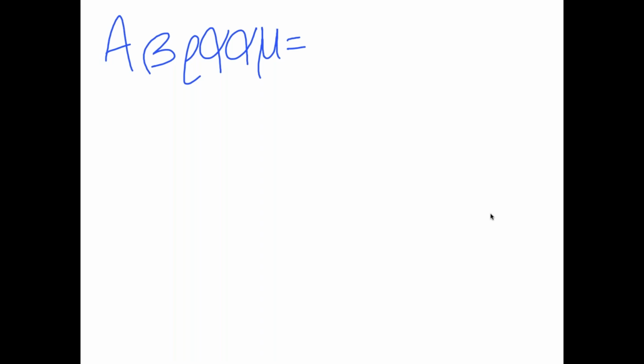Abraham. Abram. So, we haven't gone through syllabization yet. But the way this works is every syllable only has one vowel or one vowel sound. So this would be ab, ra, am. Can everybody see why it's that way? We have three vowels.